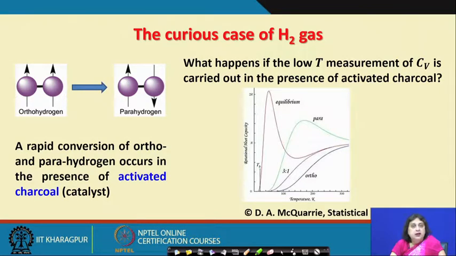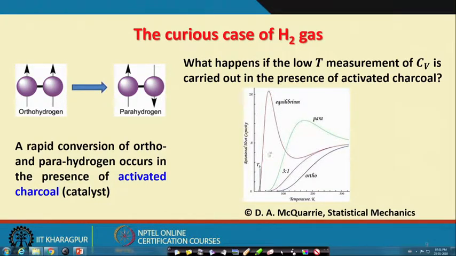And then if you do the measurement, what you find is that the experimental data agree very well with how the specific heat should vary with temperature at very low temperatures if there is an equilibrium mixture.